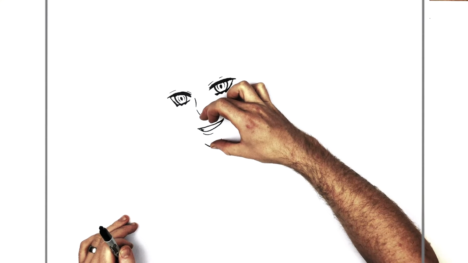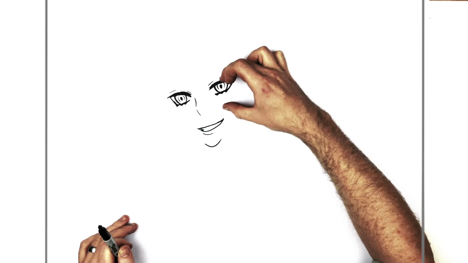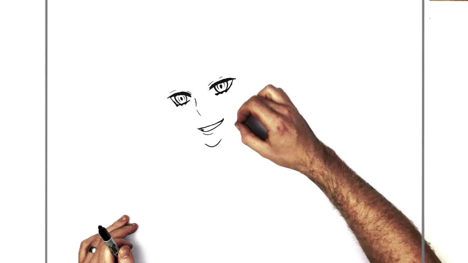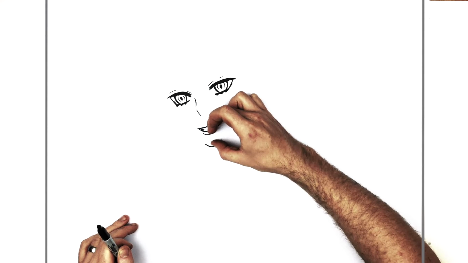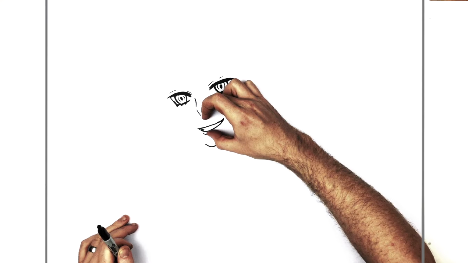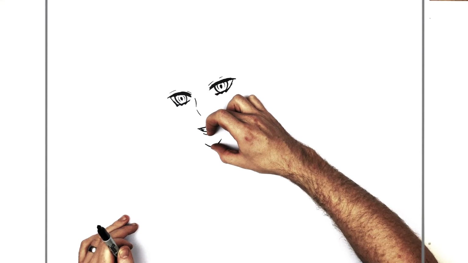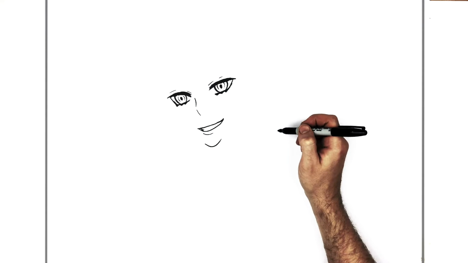Chin to the bottom of her nose is the same as the bottom of her nose to the top eyelashes, approximately. And this line, the bottom lip line, is halfway between the chin and the nose. Just approximately, it doesn't have to be exact.